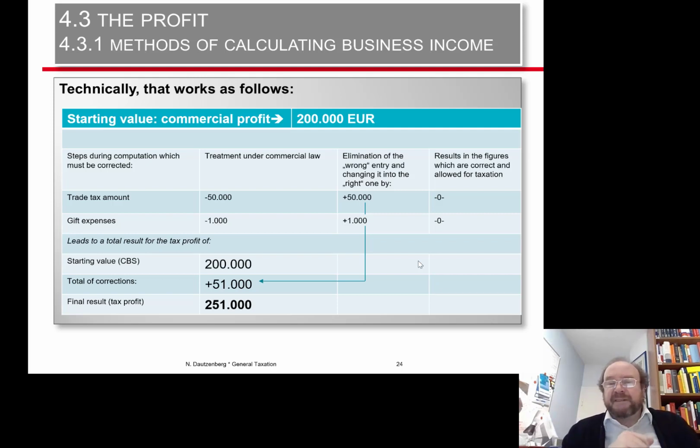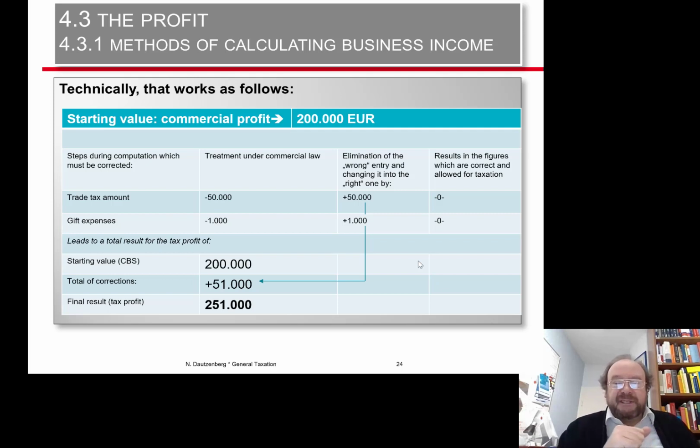Well, minus 50,000 can be reversed by adding plus 50,000. Then you arrive at the correct zero. And the gift expenses of minus 1,000 have also to be removed. So if we want to eliminate minus 1,000, we probably add 1,000. Then we end up with a correct zero.